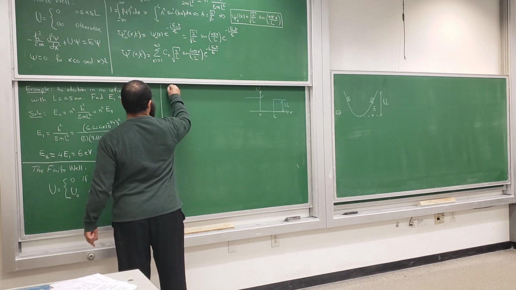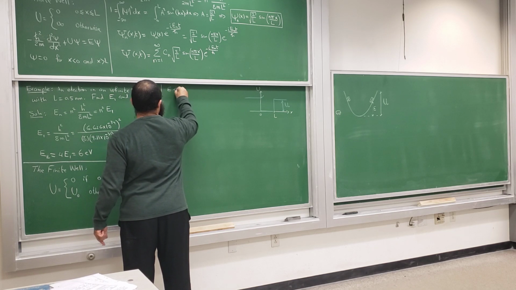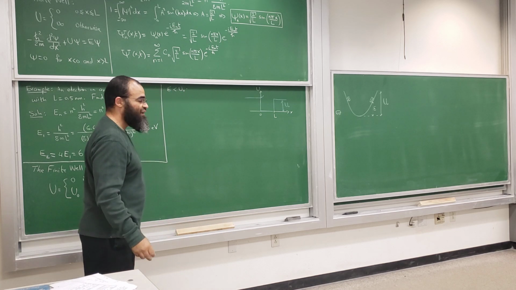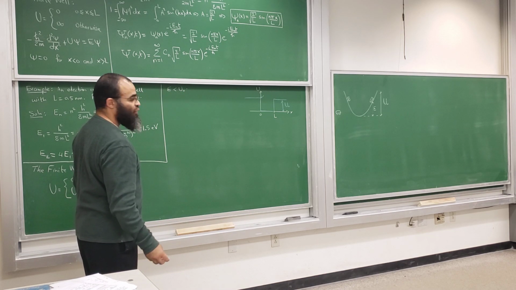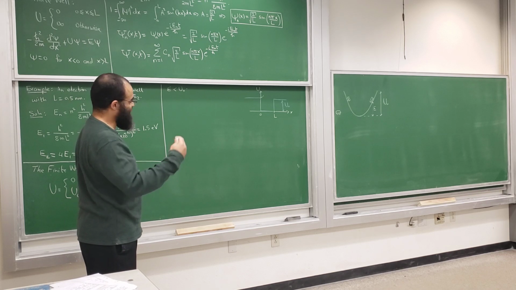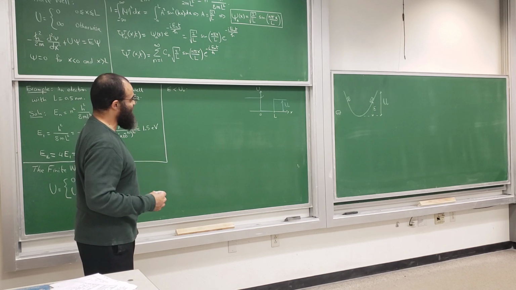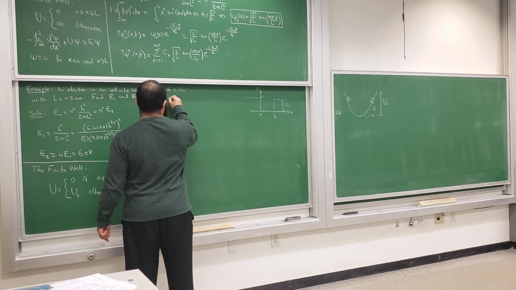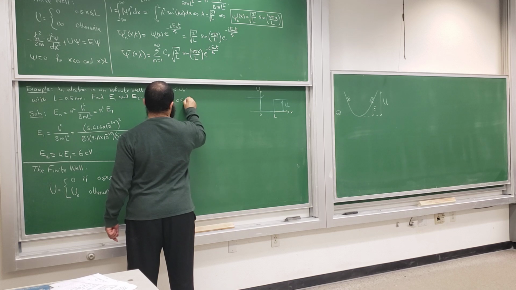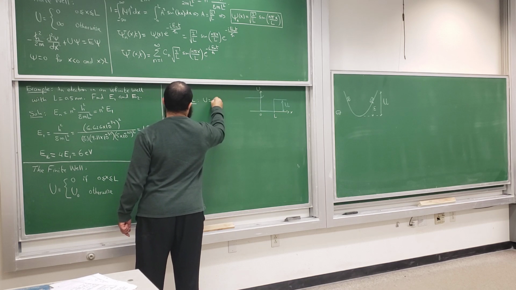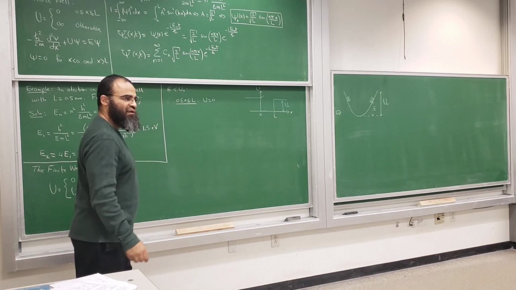So let's say we're assuming this, E is less than u naught, okay? That's the first assumption. And we're not going to solve the problem completely. We will get through a good bit of it, and then we'll just quote the answer. So for x inside the well, the potential is 0, right?